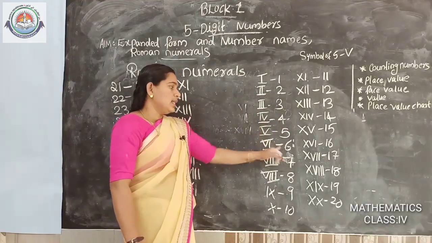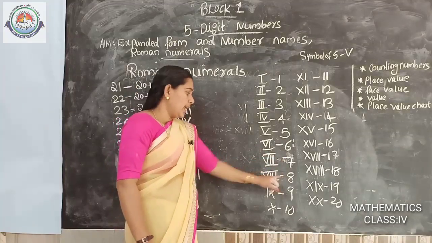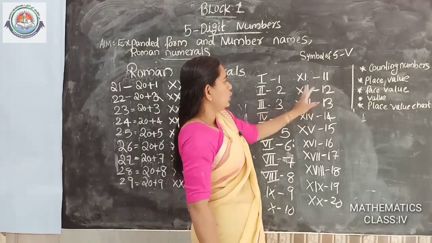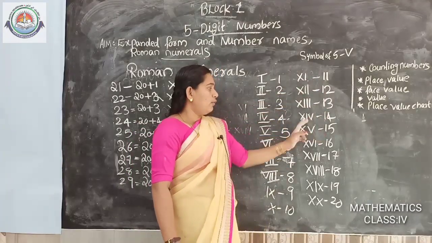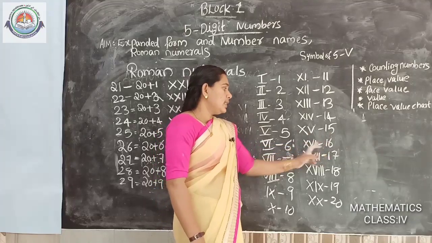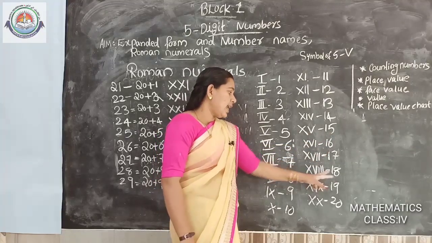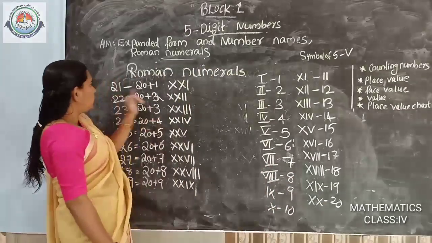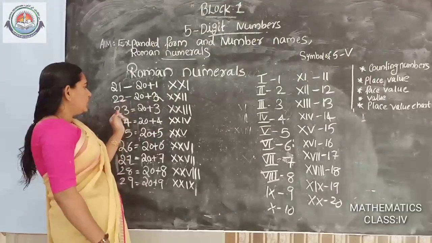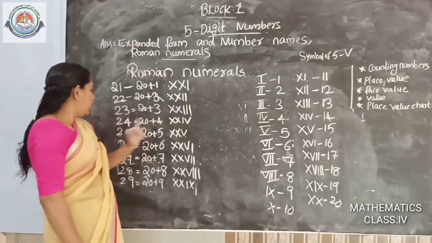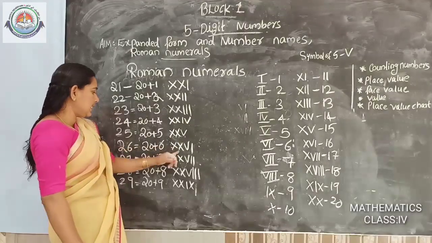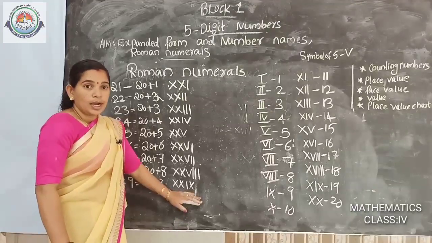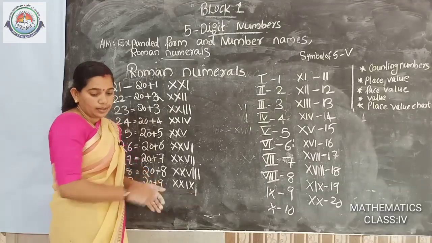Symbol of 5. 6. 7. 8. 9. 10. 11. 12. 13. 14. 15. 16. 17. 18. 19. 20. 21, 22, 23, 24, 25, 26, 27, 28, 29. Are you steady up to 29? Okay.